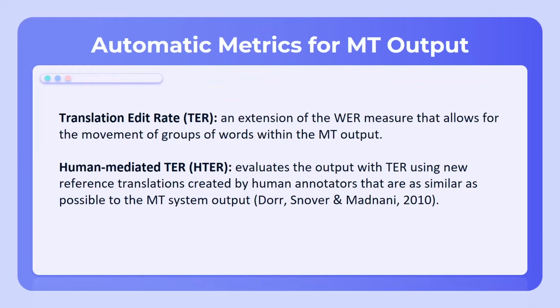It is an extension of the WER measure that allows for the movements of groups of words within the MT output. Next is human-mediated TER. It evaluates the output with TER using new reference translations created by human annotators that are as similar as possible to the MT system output.